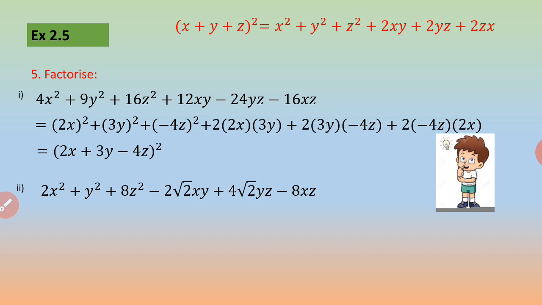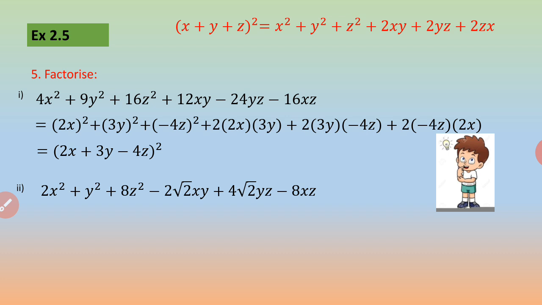Again, if you check, the first, second and third terms are square terms. If you look at the first term, it is 2x square. 2 is the square of root 2. So it is actually root 2 whole square. The second term is easily identifiable because it is a square term.